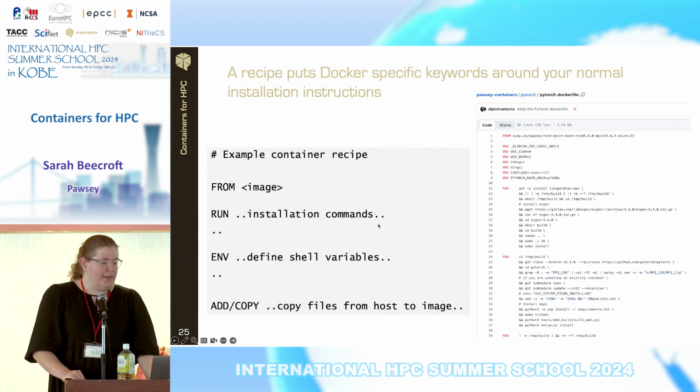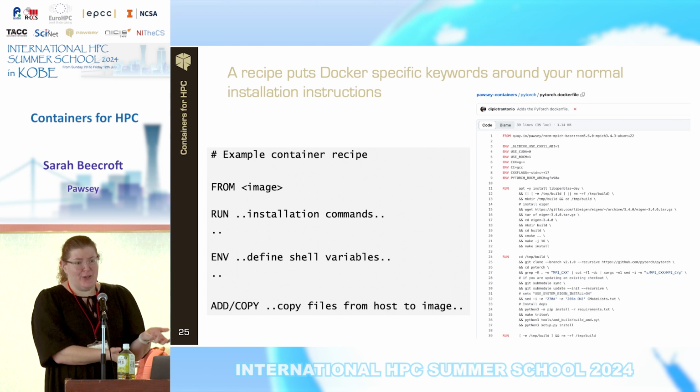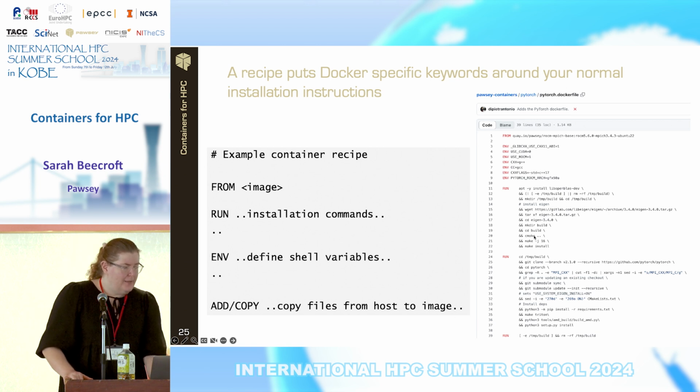And then when you're running your installation commands, it's very similar to how you would normally do it if you imagine you're starting from a fresh VM. Sometimes you might need to install really simple things like curl or wget, all the way through to fairly complex system dependencies. You, of course, sometimes need to define some shell variables.